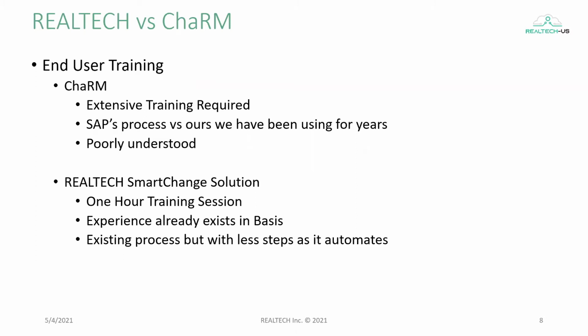So it was all manual: spreadsheets, emails, basis pushing it into the system, lots of back and forth, right? With SAP Charm, yes, it is inside of Charm. They keep track of the approvals and everything, but it's their own process. It's very rigid. It's not easy to understand.